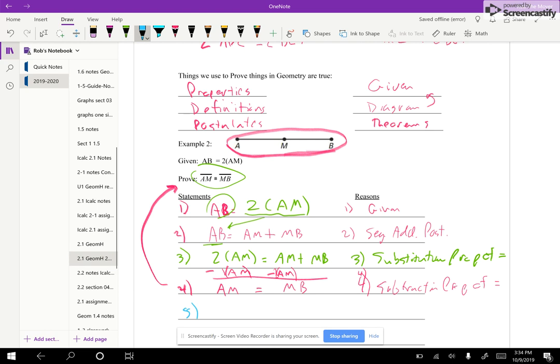Now we've got to go ahead and say that AM is congruent to MB. Okay? And why is that true? Well, we just call that the definition of congruency. Anytime you switch between equality and congruency, we're going to say the definition of congruency. Okay?